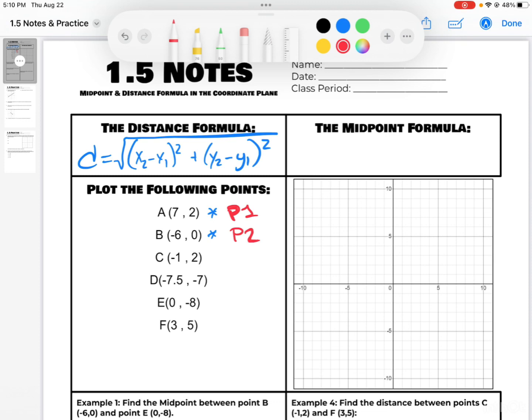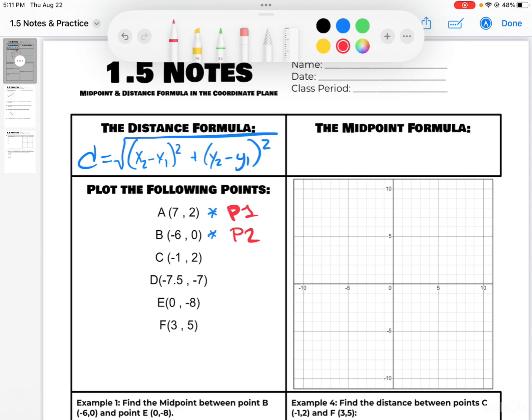Sometimes it is easier math-wise to treat one as number 2 and one as number 1, especially if you like to avoid working with negative numbers. But ultimately, the math should work out the same way. It doesn't really matter which one you pick as point 1 or point 2. You just need to stay consistent with them the whole time. Point 2 needs to be point 2 the whole time that you're working that problem.